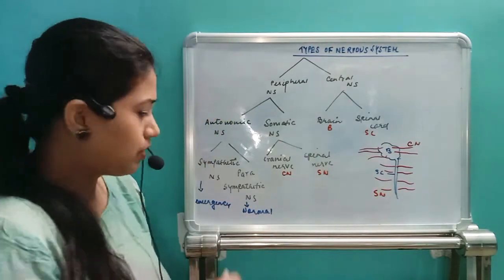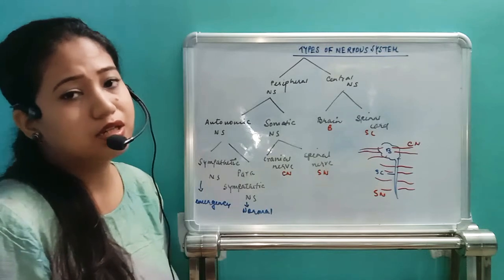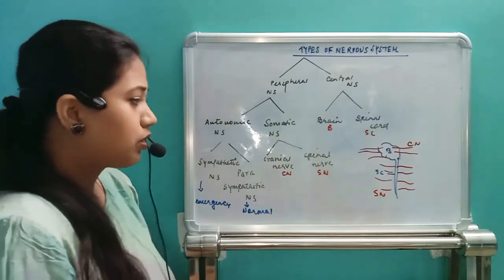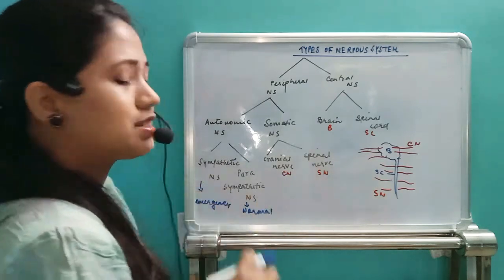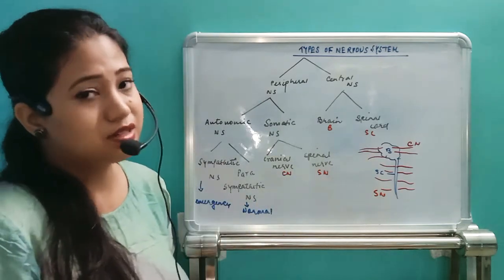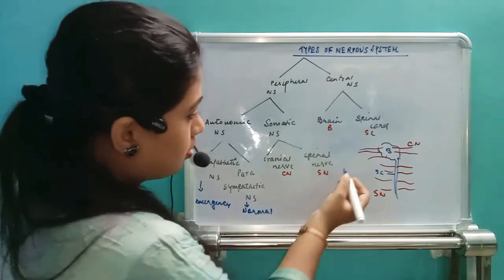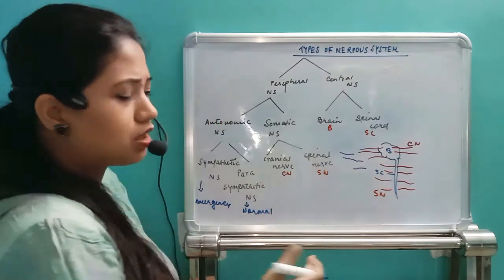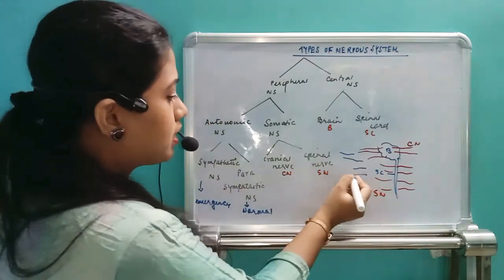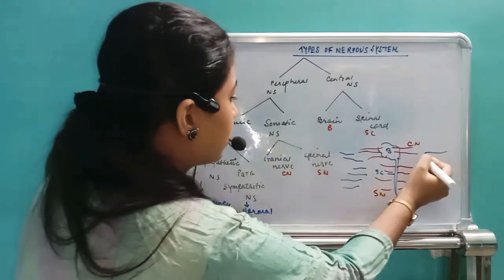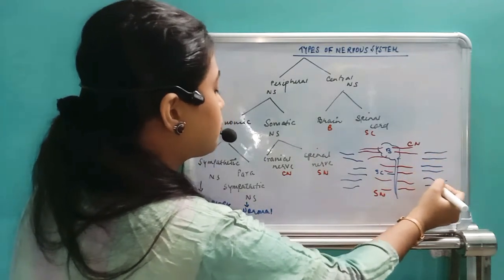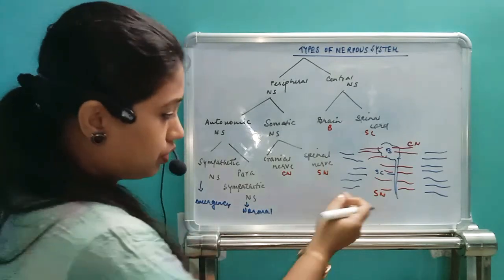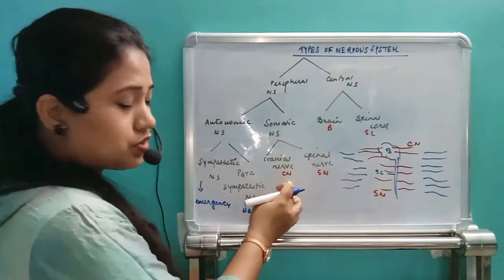Now the sympathetic and parasympathetic neural systems, where will they go? Just see, with the somatic neural system, the sympathetic and parasympathetic neural systems make synapses. Whether it is a cranial nerve or spinal nerve, the autonomic neural system makes an association or synapses with the somatic neural system.